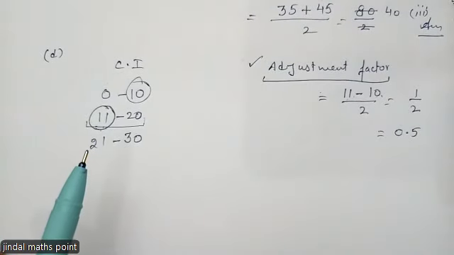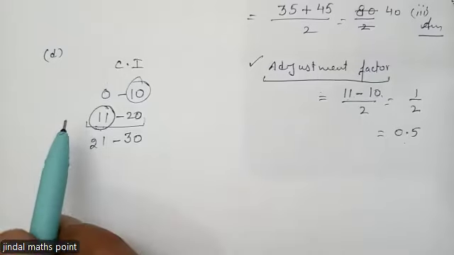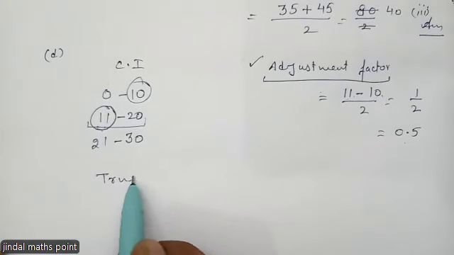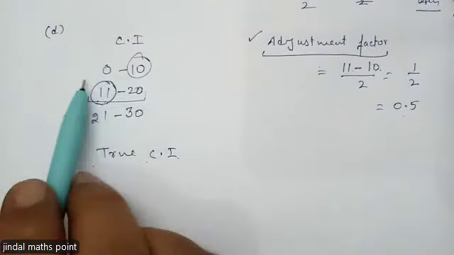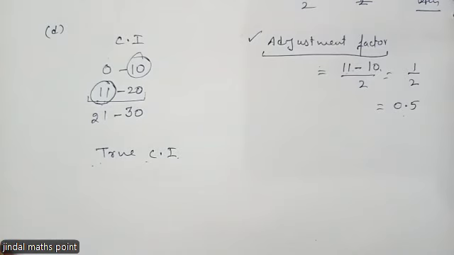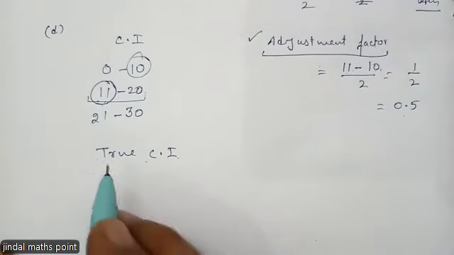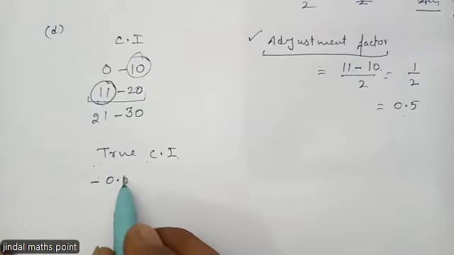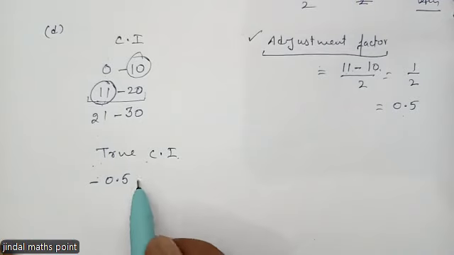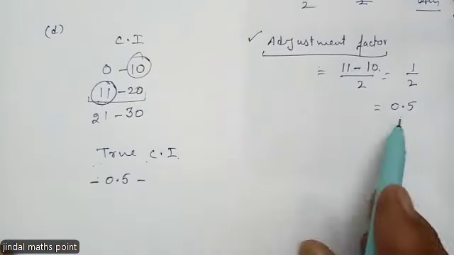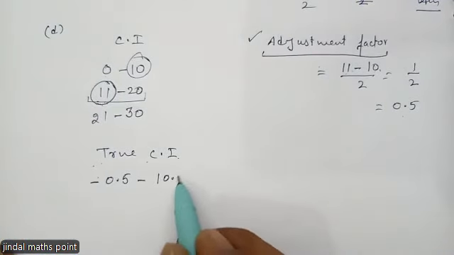Okay. Now, true class interval. True CI means true class interval. What is the first class interval after adjustment factor? Lower limit minus 0.5. When we subtract 0.5 from 0, we get minus 0.5 to 10.5. And the second one?